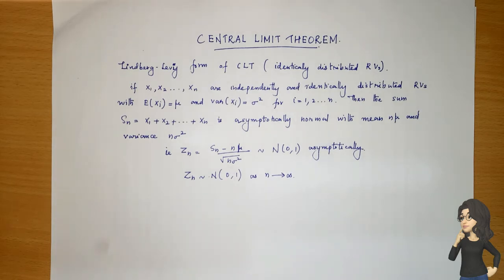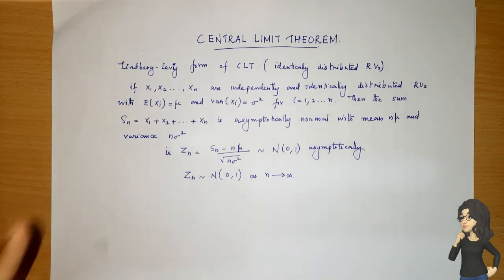What the central limit theorem says is that Zn, which is Sn, the sum of these random variables, minus the sum of its means, divided by the root of the sum of its variances, will follow an asymptotically normal distribution, or asymptotically standard normal distribution. So Sn follows an asymptotically normal distribution. Therefore, Zn follows an asymptotically standard normal distribution as n tends to infinity. This is what the central limit theorem says.